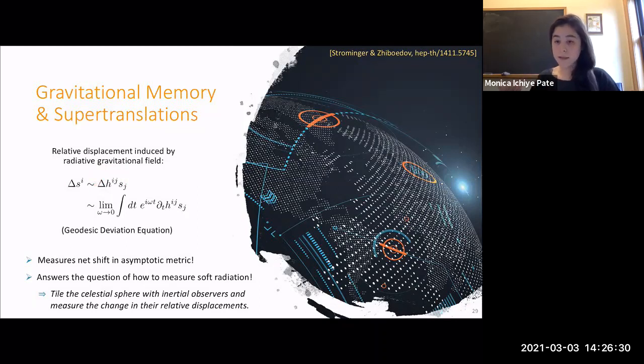And so this is how one measures the net shift in this asymptotic metric, and it answers the question of how you're supposed to measure this zero frequency component of the soft radiation. That is, you tile the celestial sphere with inertial observers and measure the change in their relative displacement.